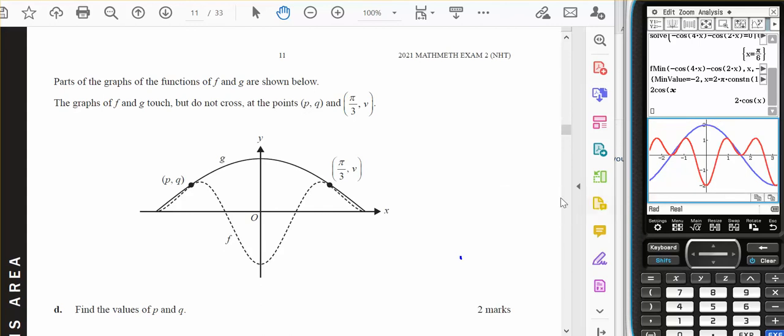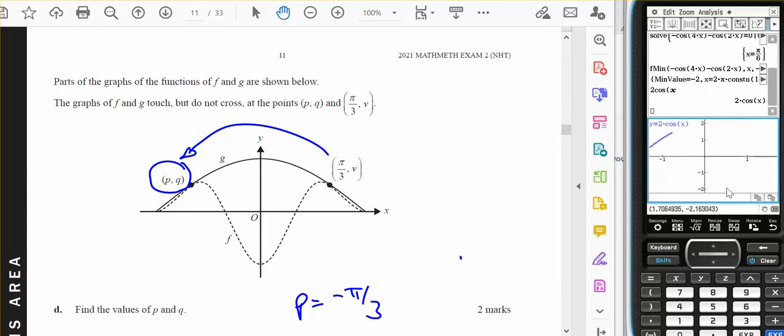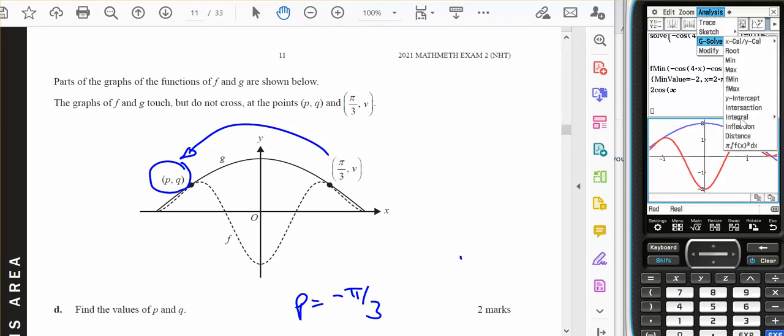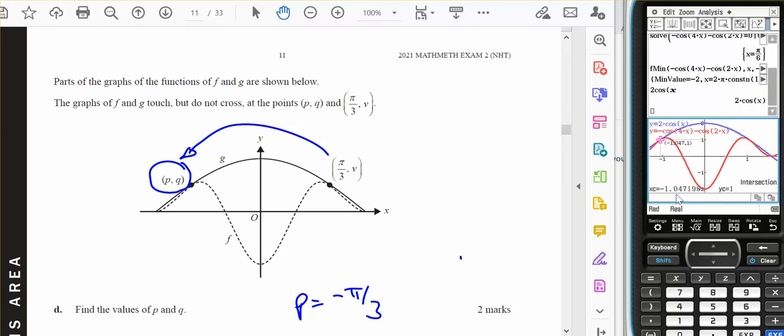Okay, so find the values of P and Q, which are where they intersect. So this is perfectly symmetrical, so P must equal minus pi on 3. What I might try and do is analysis, G-solve, intersection. So it's going to be -1.047.